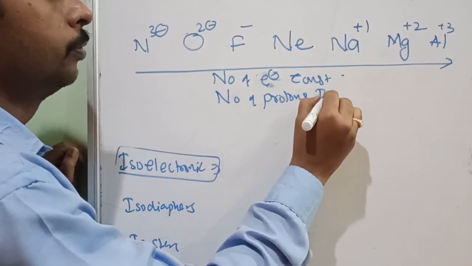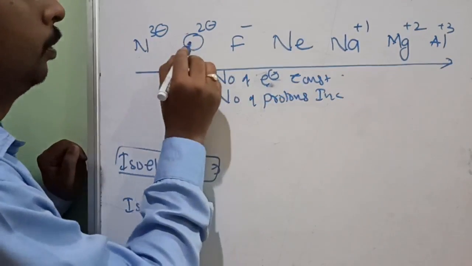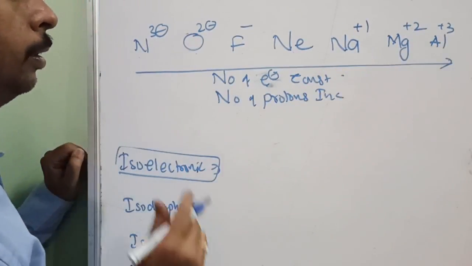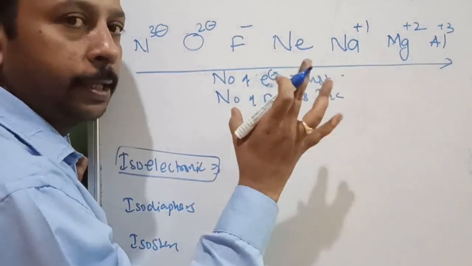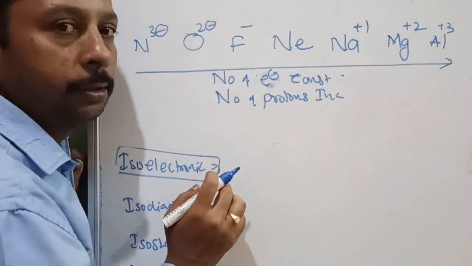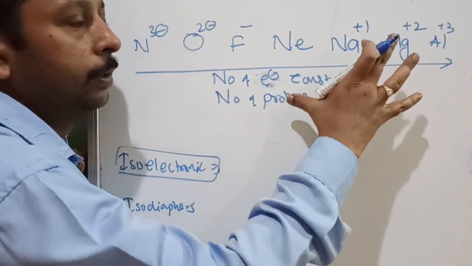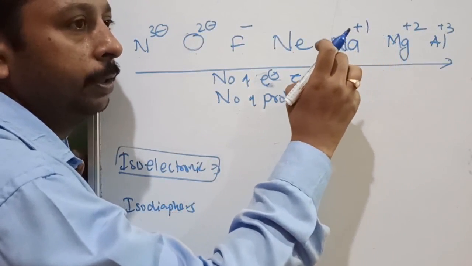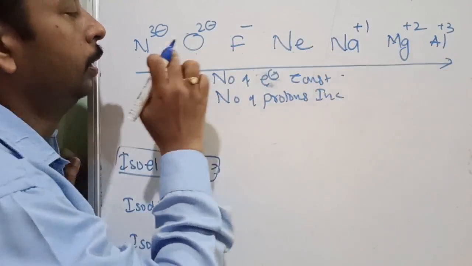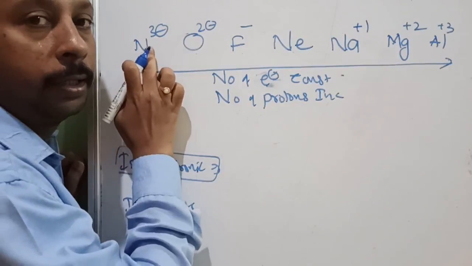It increases: 7 protons, 8, 9, 10, 11, 12, 13. So the number of attracting protons is increasing while the number of electrons being attracted is the same. Because of that, electrons will be pulled more effectively here: 13 protons with 10 electrons, whereas 7 protons with 10 electrons.